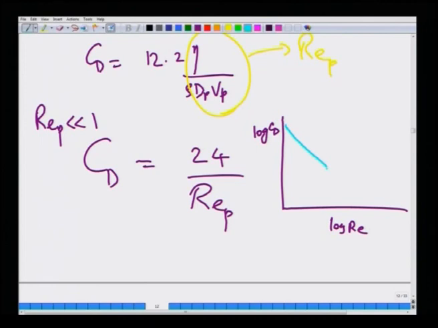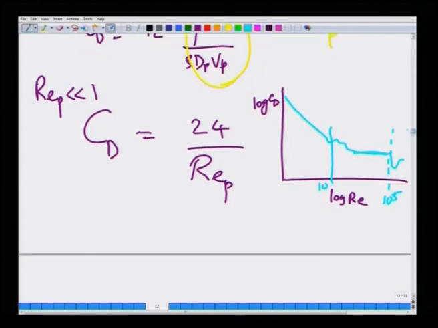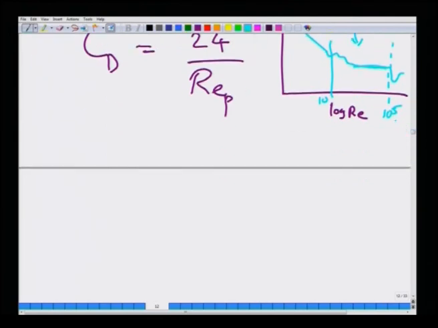But at higher Reynolds numbers things are different, and you will find that there is a region of relatively constant drag coefficient, and then at a Reynolds number of about 10 to the 5, you have transition from laminar flow to turbulence. So, we have this experimental data correlated in terms of drag coefficient and Reynolds number. Now we want to worry about the settling velocity of a sphere.